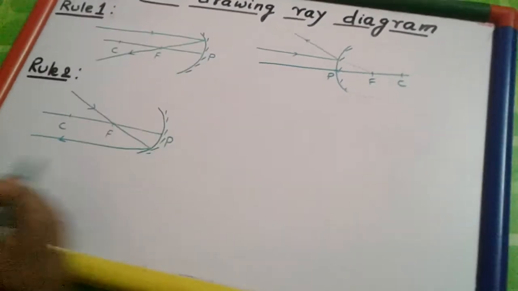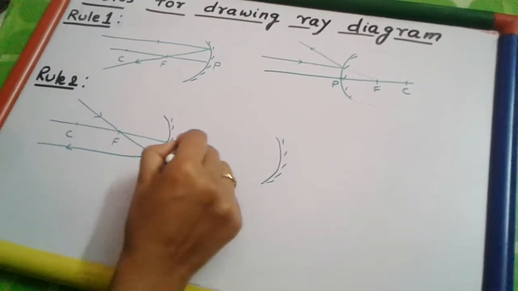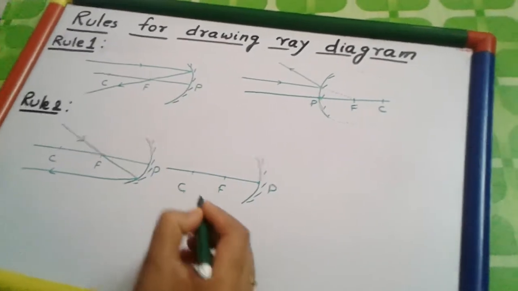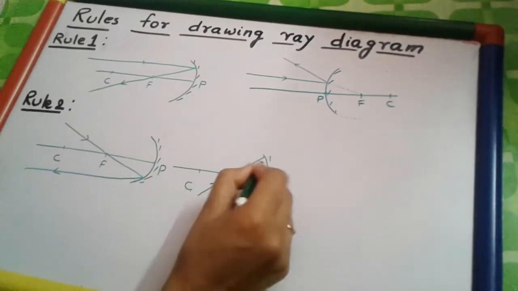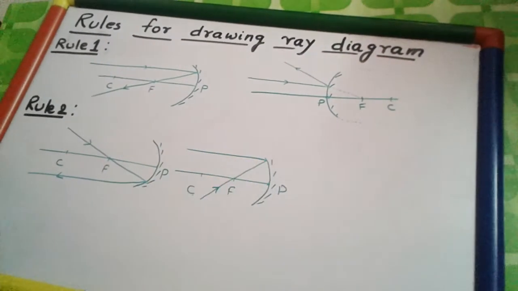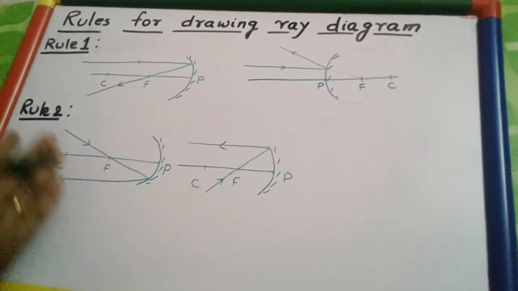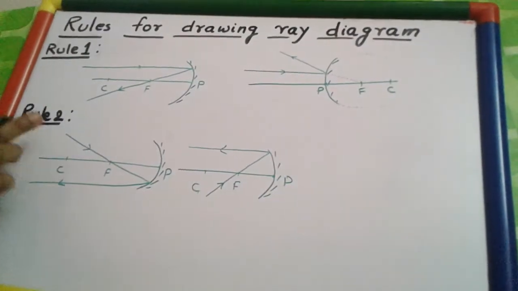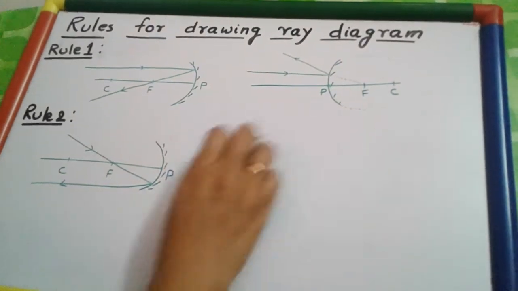The question can come to your mind: what if the ray passes like this from downward? This can also happen, then the ray is going to be parallel like this. So it does not matter whether the ray is coming from top to bottom or from bottom to top, it will become parallel if it is passing through the focus. That is the point you have to remember. Fine. So, this is done.